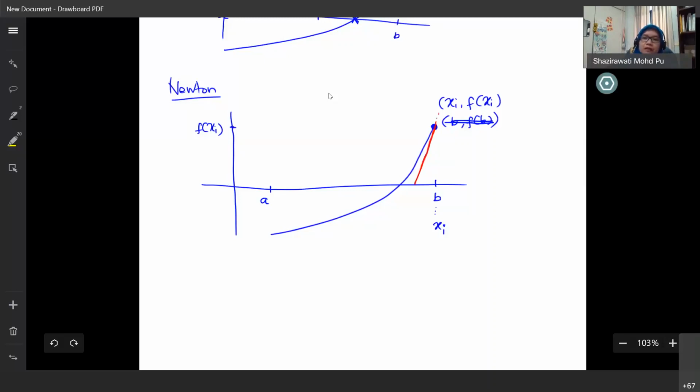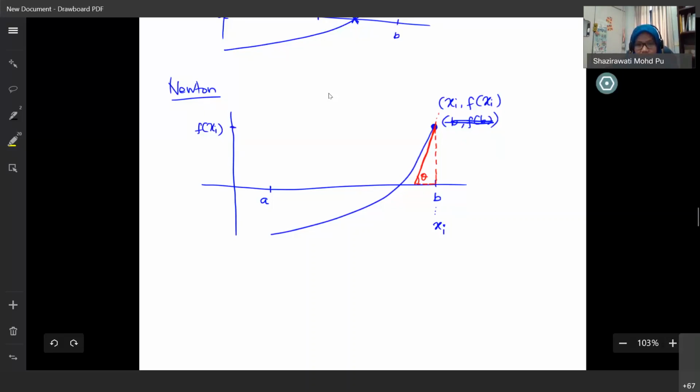Now if we form a triangle from the point xi, f(xi), we have that triangle, which is actually a right triangle. If we put the theta, we have it like that.